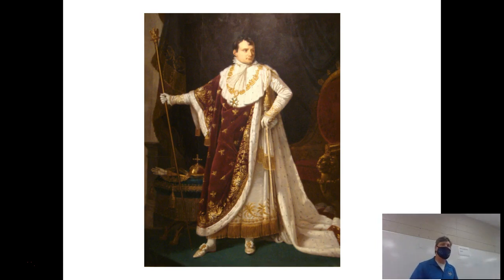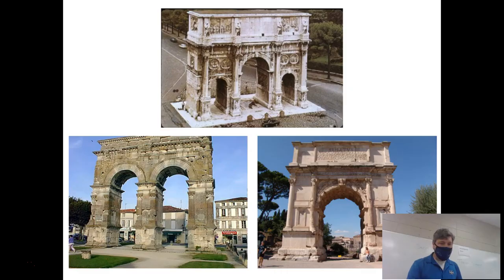He idolizes Caesar and that era. And what he wants to do is completely reshape Europe and create a new Rome, with Paris as the capital and him as the Caesar.